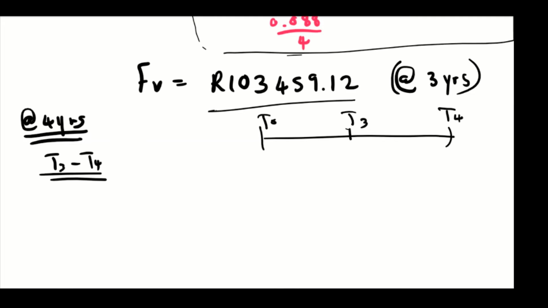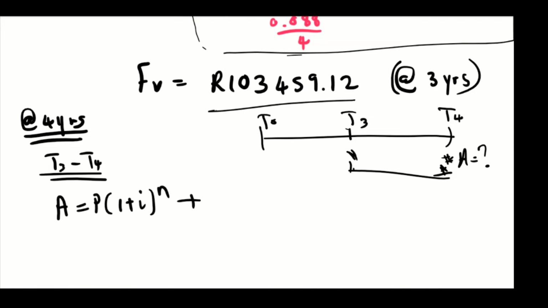Here we want to identify A, right? So A equals P into (1 plus i) to the power of n. We're going to add this with the future value. Remember that from T3 to T4, investments of 15,000 rand quarterly are still being made.